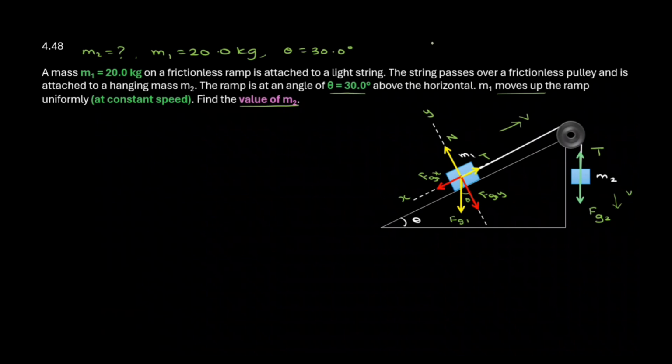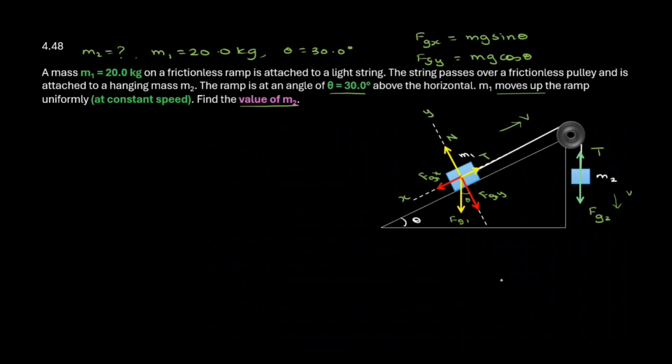Now we know for an inclined plane, we can give the x and y component of gravity as Fgx equal to mg sine theta and Fgy equal to mg cosine theta. And that is because it is the y component which is adjacent to the angle theta. And any side which is adjacent to the angle theta, we associate that side with cosine. And the x component is away from the angle theta, so we will relate the x component with sine.